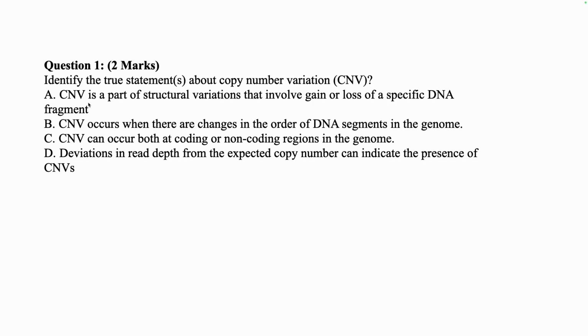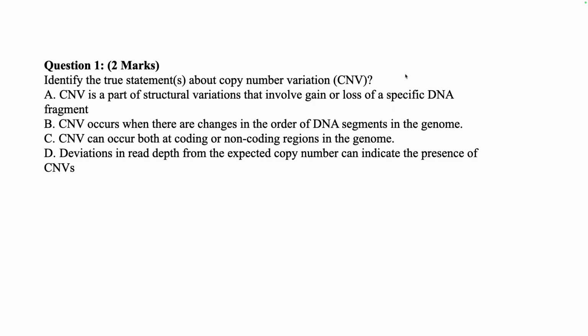A, CNV is a part of structural variation that involves gain or a loss of a specific DNA fragment. So copy number variation is again a structural variation, where there is a difference in the genome sequence of the data. It either involves gain or a loss of a specific DNA fragment.